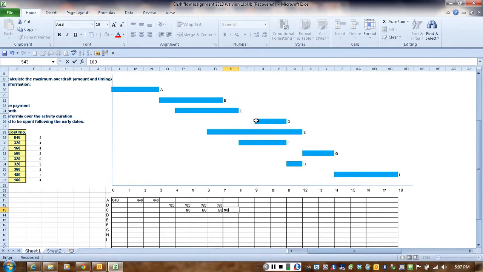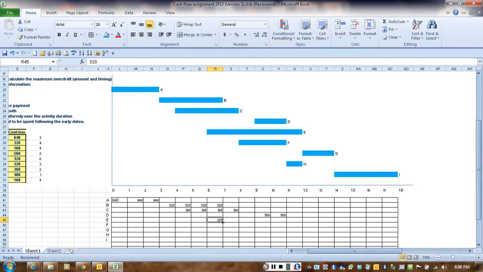D is going to start from here, and it's going to be 560s. E starting here and 320.